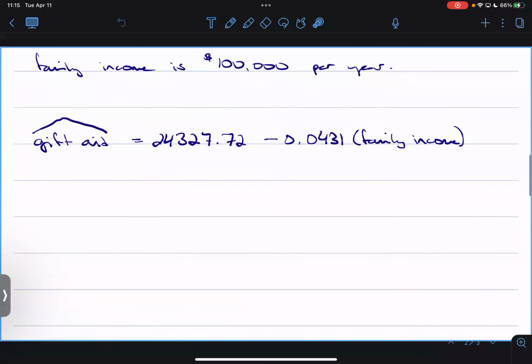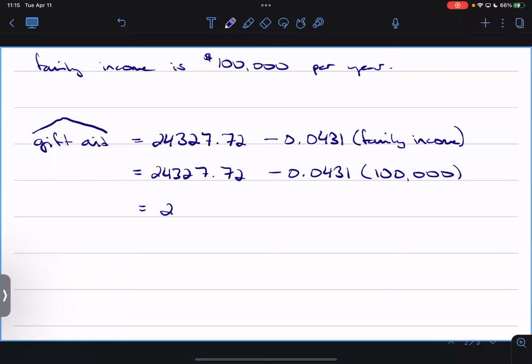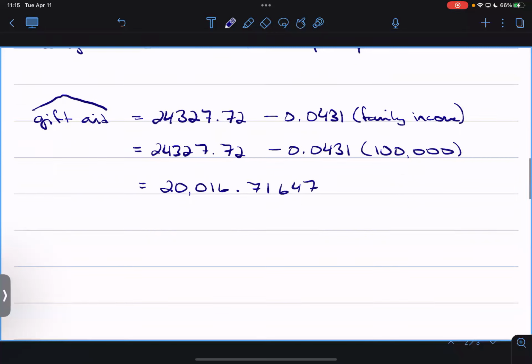So then what we're going to do here is we have 24327.72 minus 0.0431 times, and then we plug in the family income, which we're told we want to be 100,000. If I do this calculation, I get 20,016.71647.